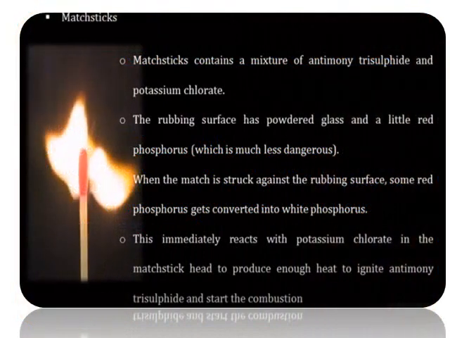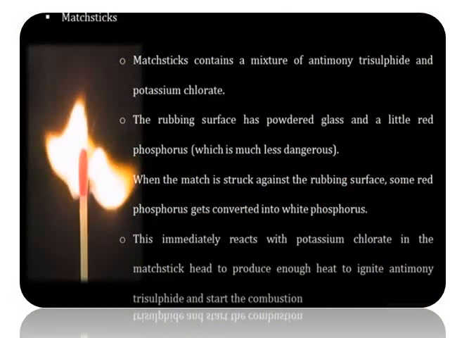Now, let us sum up the history of the matchstick. Matchsticks contain a mixture of antimony trisulfide and potassium chlorate. The rubbing surface has powdered glass and a little red phosphorus, which is much less dangerous.